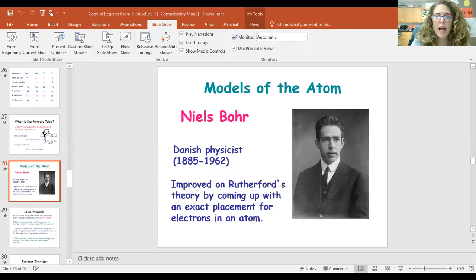So this -4 means that this is an ion. So one of the possible ions of carbon is a -4. And if you have a -4, that means it gains 4 extra electrons.